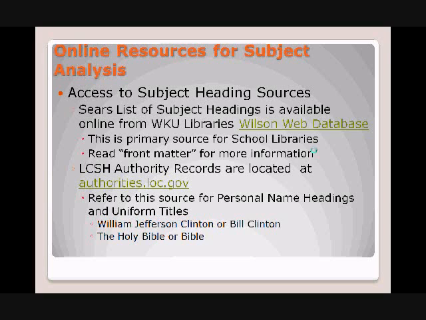This is the primary source for school librarians, and it's very important that you read the front matter, which is on the home page of the Sears headings database, and a link to this is located in our Module 4 area of Blackboard. And then for the Library of Congress, you have authorities.loc.gov, and we will be using the Library of Congress records for personal name headings and for uniform titles.